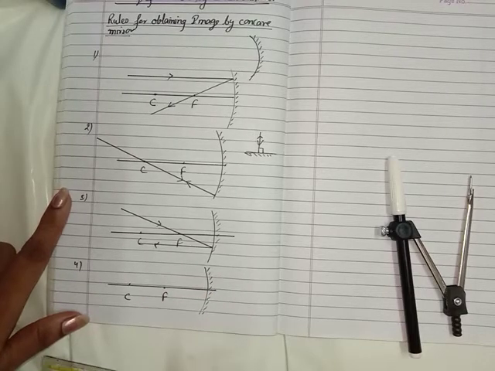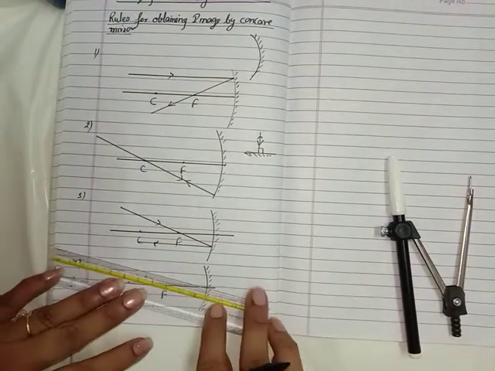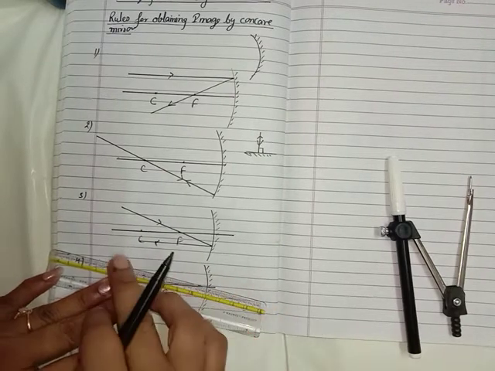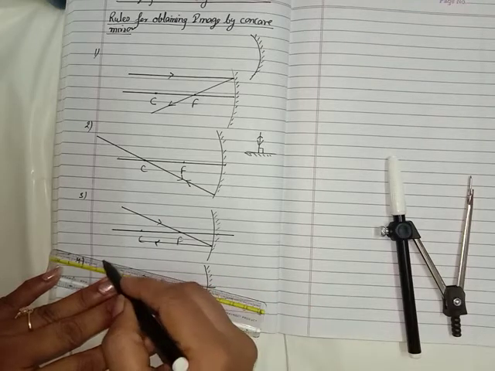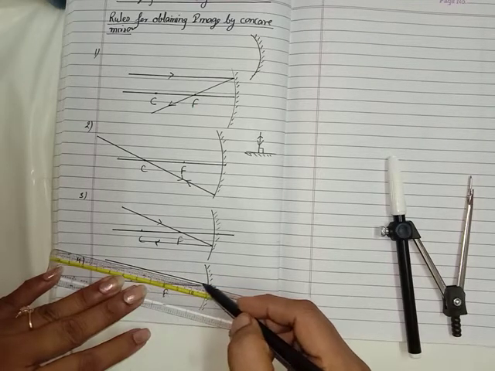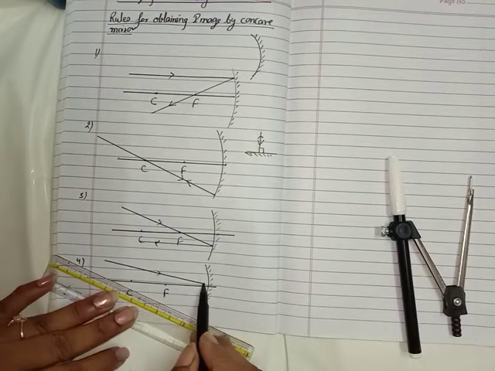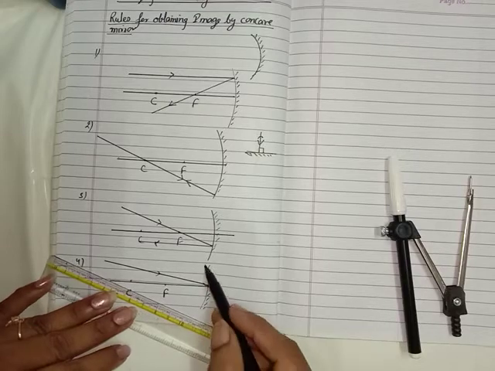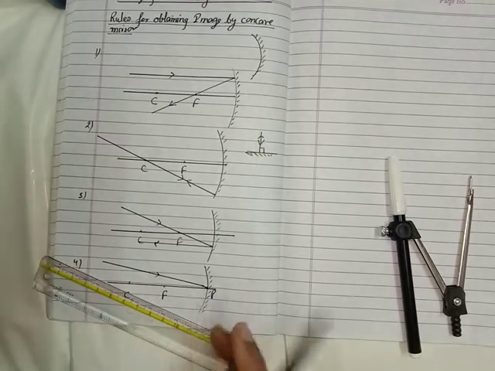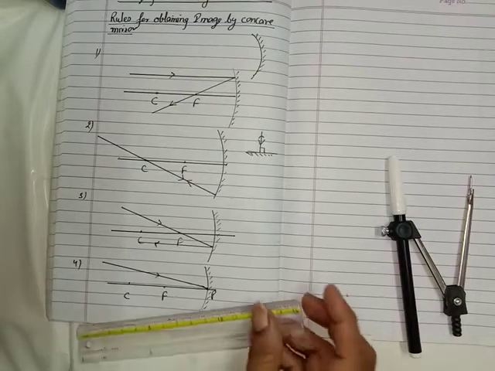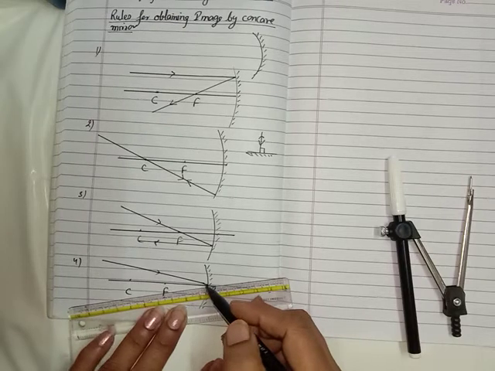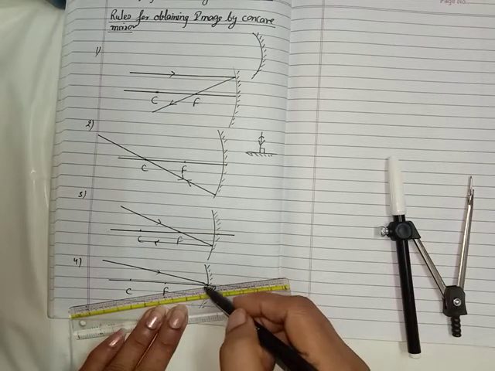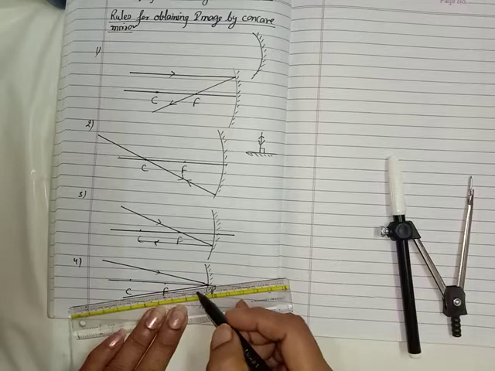So the fourth rule is this: if the incident ray is incident at the pole, you know the pole, this is the center of this mirror, it is always reflected making the same angle with the principal axis.